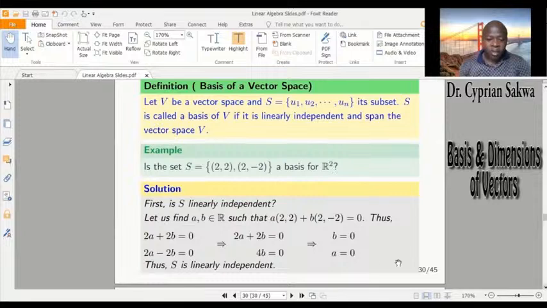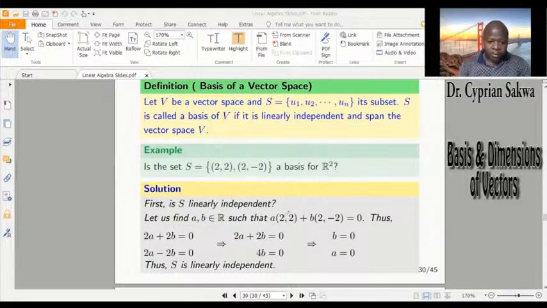Or we can look at it by trying to obtain scalars A and B such that A times the first vector plus B times the second vector gives me 0. And of course, that is the definition of linear dependence and independence. If these two scalars exist and they are non-zero, the vectors will be linearly dependent. But if they are both 0, then the vectors are linearly independent.